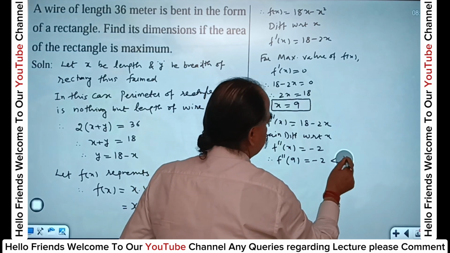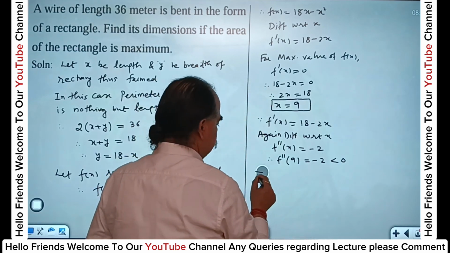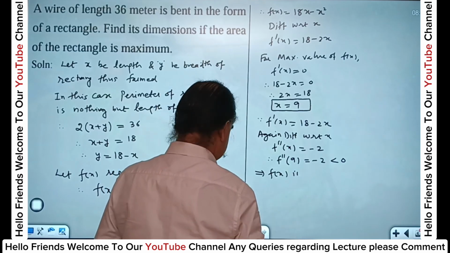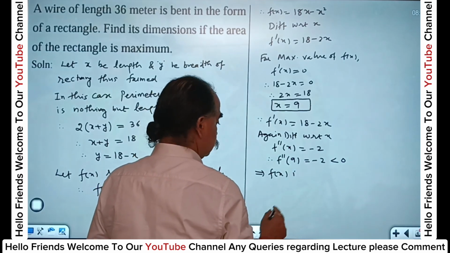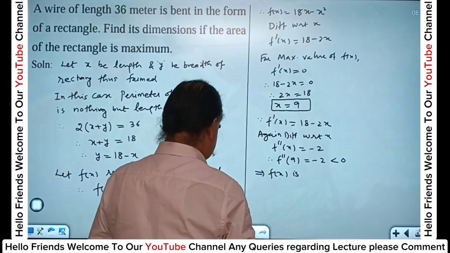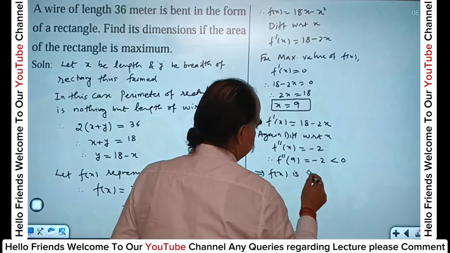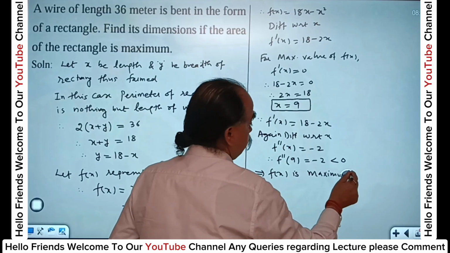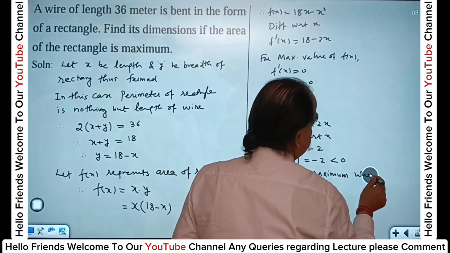Minus 2, less than 0. So this implies f(x) is maximum when x is 9.